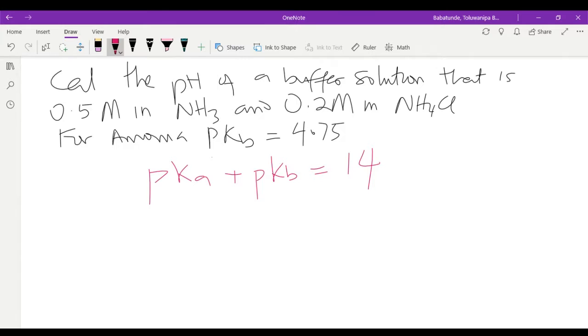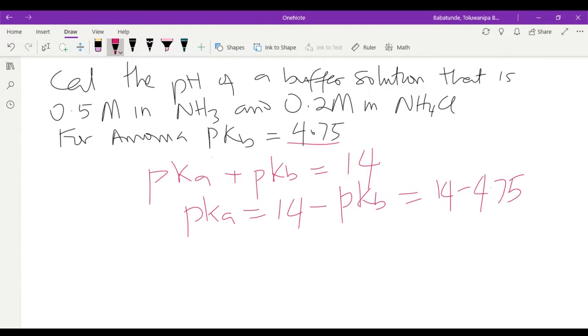So since we are given pKb, we're going to find pKa. So pKa is 14 minus pKb, and that is going to give us 14 minus 4.75. This is our pKb. So that gives us 9.25.